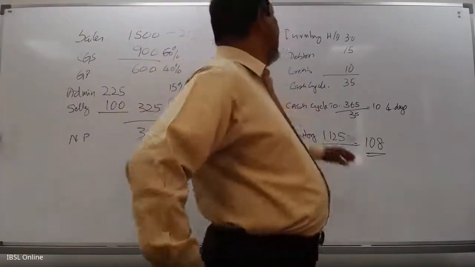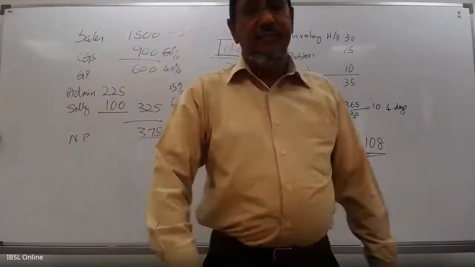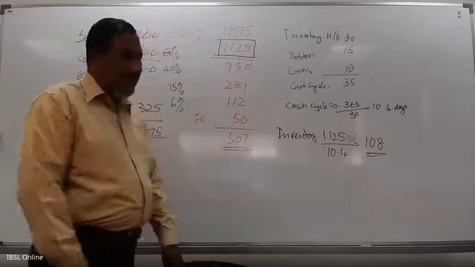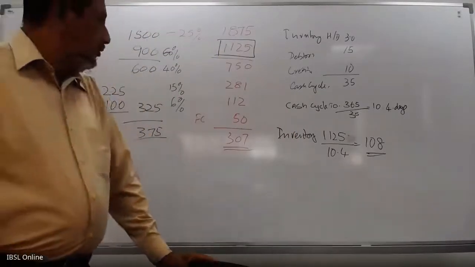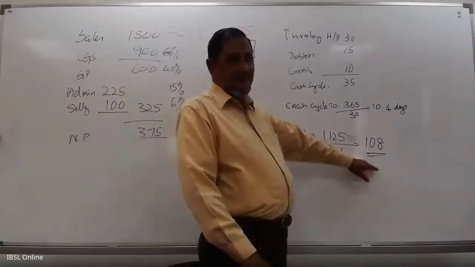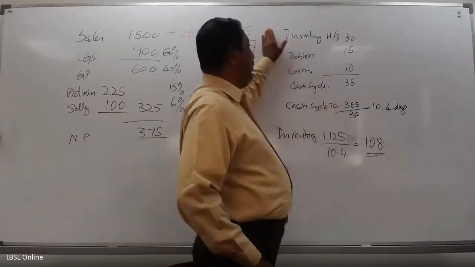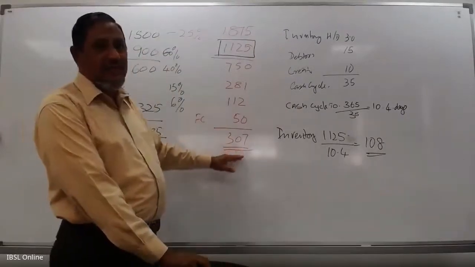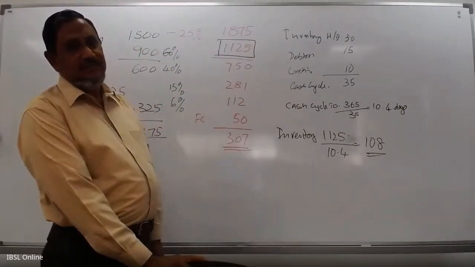We take everything in billions, 108 billion. Okay. If you invest 108 billion in this business, sales will increase by 25%, and the customer can earn 307 million out of it. That's all.